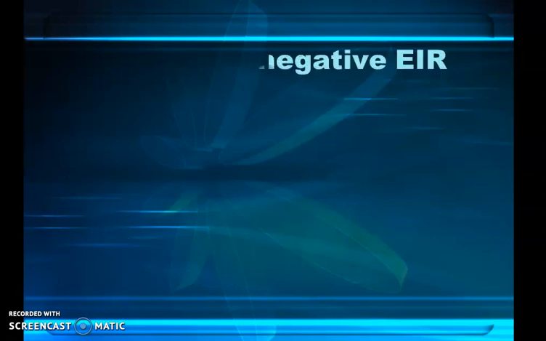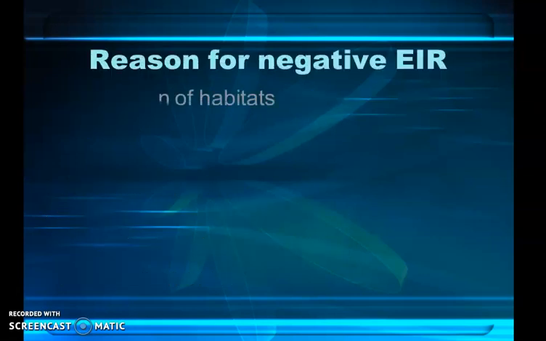And here we have the reasons for the negative EIR of hydroelectric power stations. First, destruction of habitats. To establish a hydroelectric power station, a lot of land is required, so it will destroy the habitats of many animals.